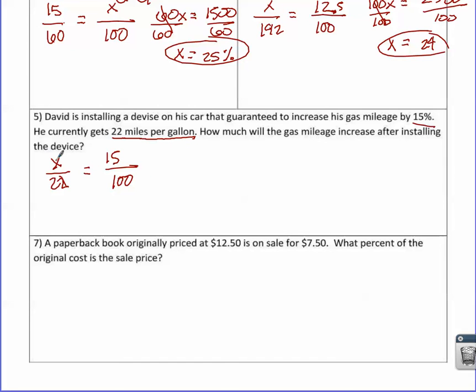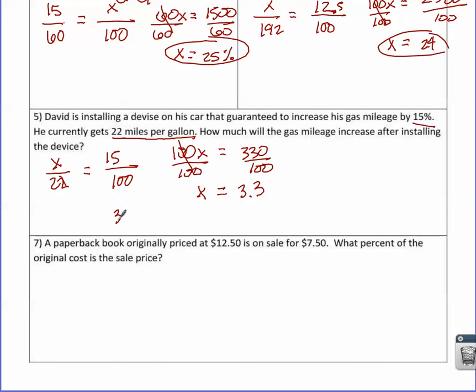So now you do your butterfly. X times 100 is 100x. 22 times 15 should be 330. Divide each side by 100 because it's a one-step equation. And you get 3.3. Now this is a word problem, so you need your statement.